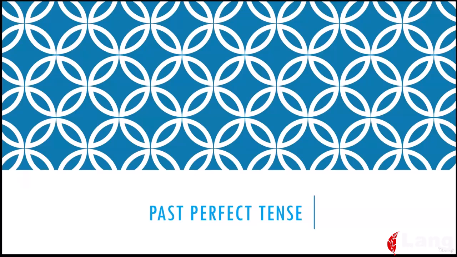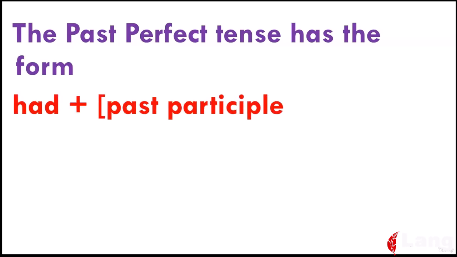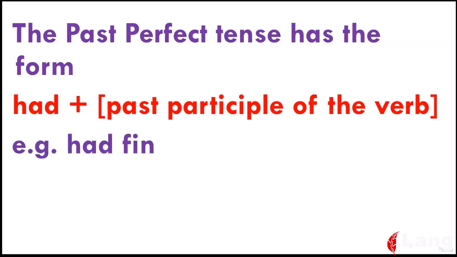This lesson covers the past perfect tense. The past perfect tense has the form had plus past participle of the verb. For example, had finished.